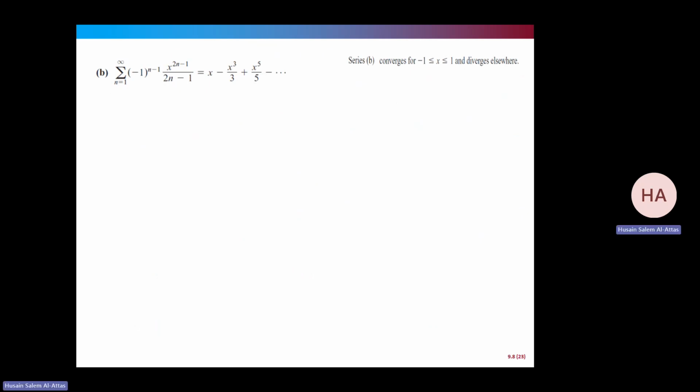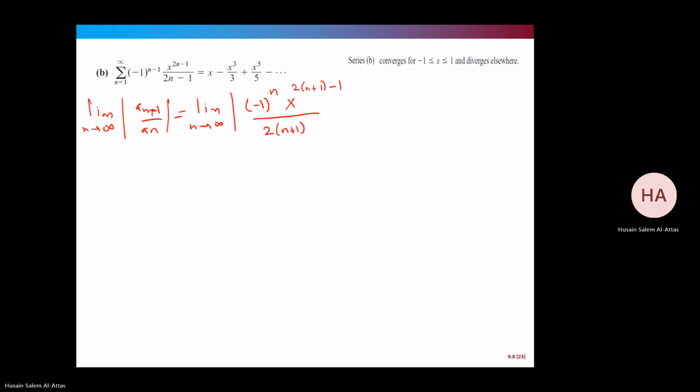Okay. This one, let me check. Same thing. I have the limit as n goes to infinity of a_(n+1) over a_n. That will give me the limit as n goes to infinity of minus 1 to the power n plus 1, x to the power, be careful here, and instead of n, I'll write 2n plus 1, times the reciprocal of that.